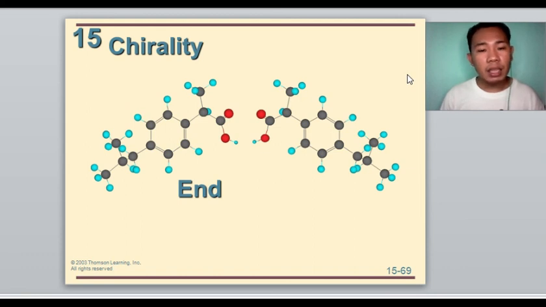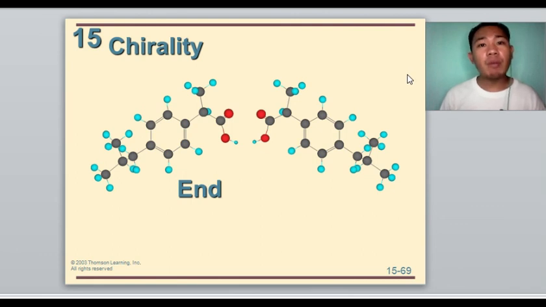An object that is not superposable on its mirror image is said to be chiral. It has handedness. An achiral object, on the other hand, lacks chirality or handedness, that is, it has a superposable mirror image.